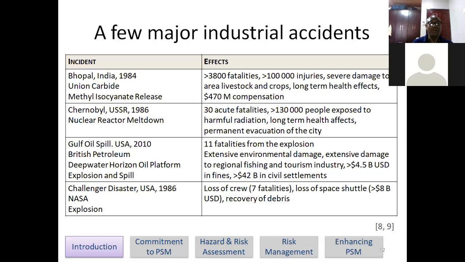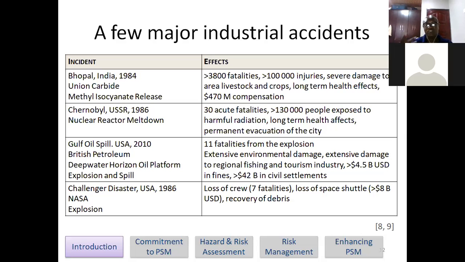We talked about the Gulf oil spill in the US, British Petroleum, where I explained that over 4.5 billion was used for settlement. Also, I gave an example about the Challenger disaster, the NASA plane carrying crew to the sky that exploded.